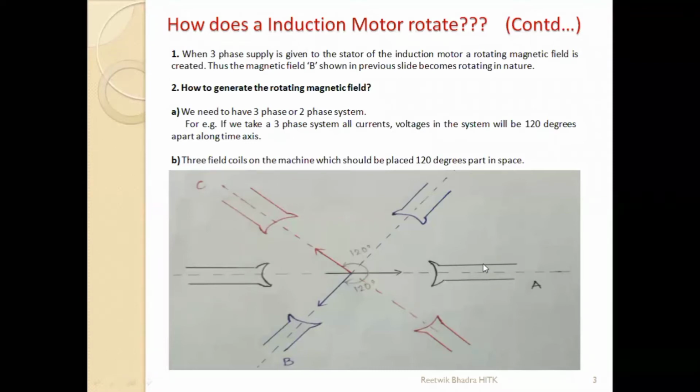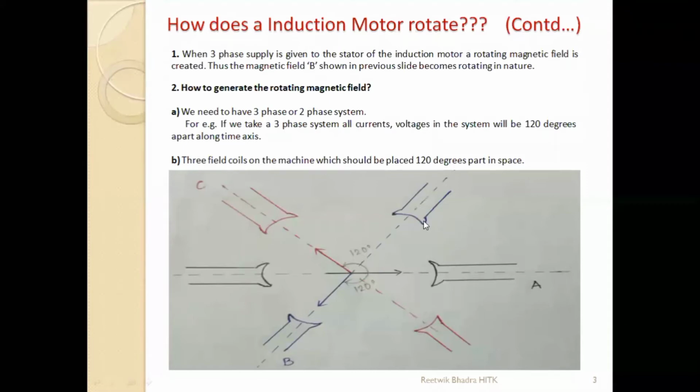Because all the supply which is given over here, A, B, C, is a three-phase supply. To A, we are giving the reference, suppose V at an angle 0 or I at an angle 0. To B, we are giving V at an angle minus 120 or I at an angle minus 120. To this C, we are giving V at an angle minus 240 or plus 120.